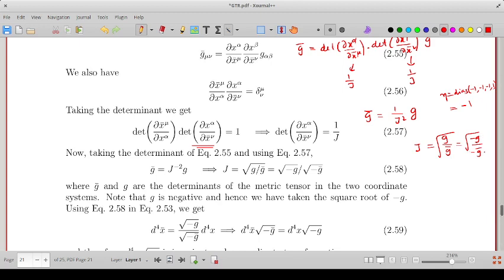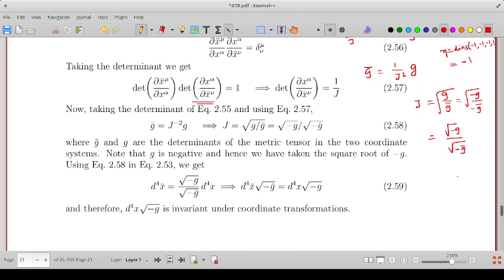Now minus g is positive and minus g bar is also positive. So I can now separate this out into the square root of minus g divided by the square root of minus g bar. Since each of these quantities within the square roots is positive, this is well defined. So that's what we have over here.